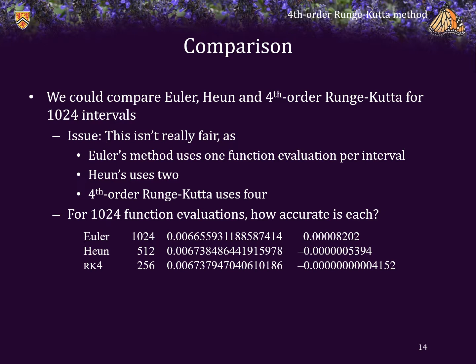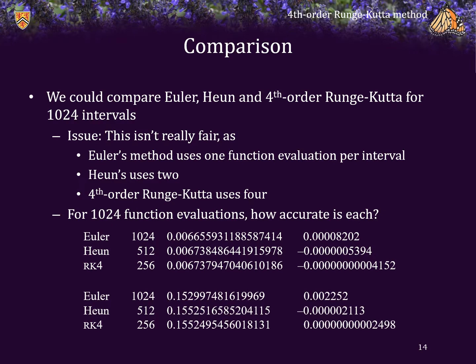And 4th order Runge-Kutta, with 256 intervals, therefore 1024 function evaluations, has even smaller error, approximately 1/10,000th the error of Heun's method. All right, that's pretty good. So for the same number of function evaluations, we're getting significantly smaller error.